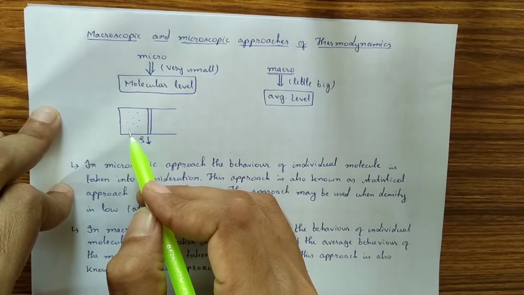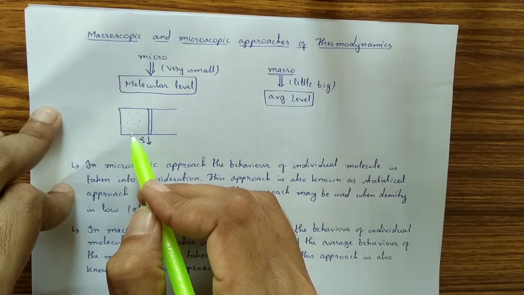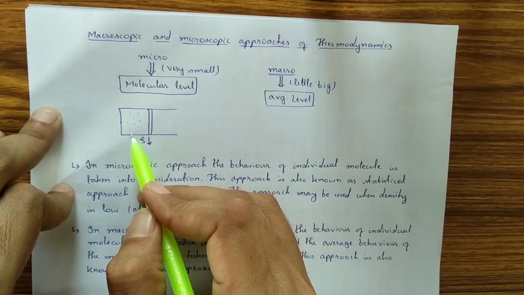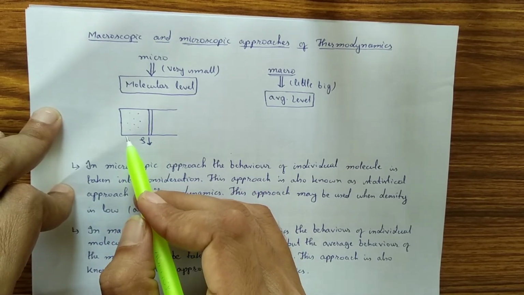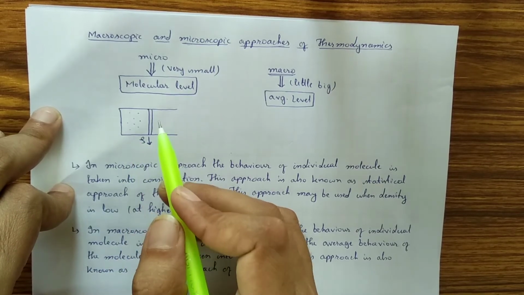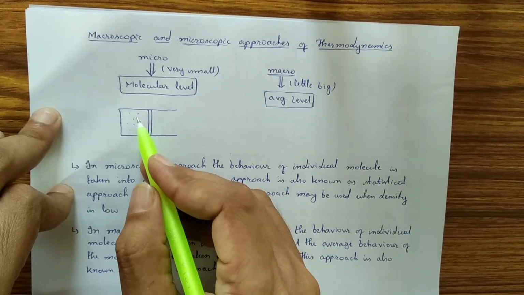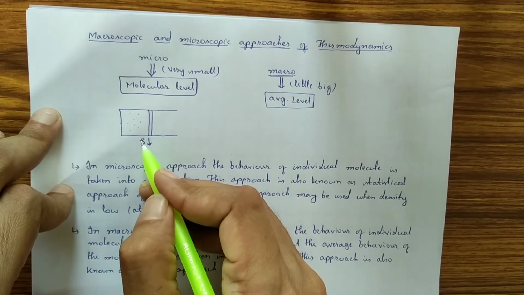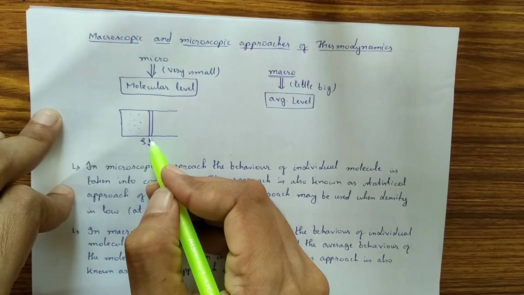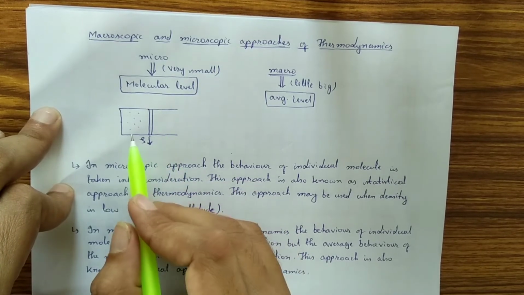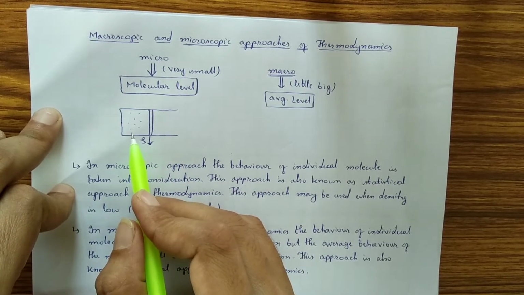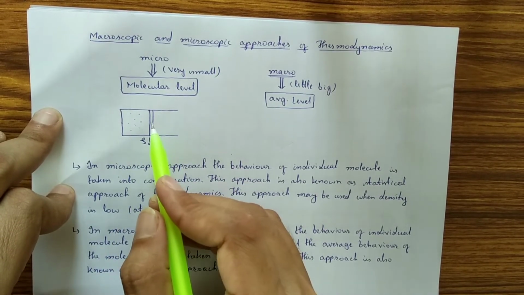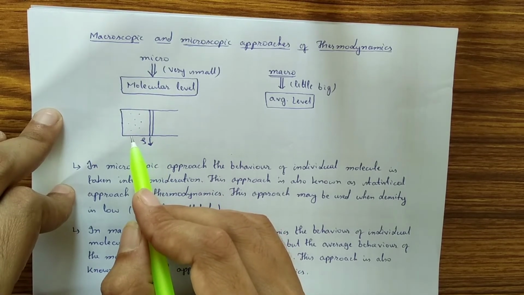This approach is also called the statistical approach of thermodynamics, and it is used when density is low, that is at a higher altitude. So let us consider this system. At higher altitude the density rho is low, so the behavior of individual molecules can be taken into consideration, and hence this microscopic approach of thermodynamics is applied here.